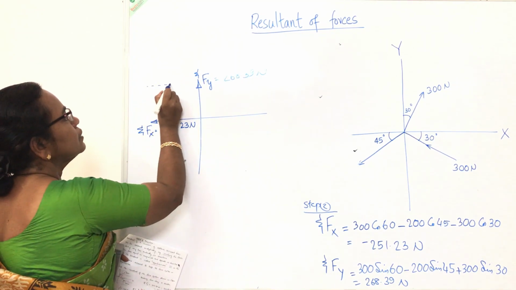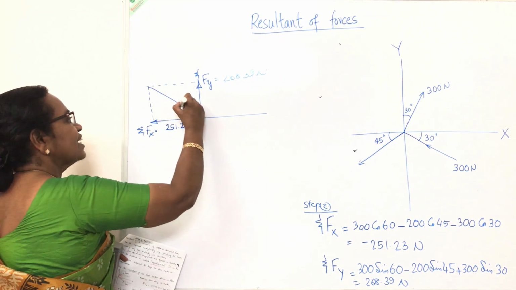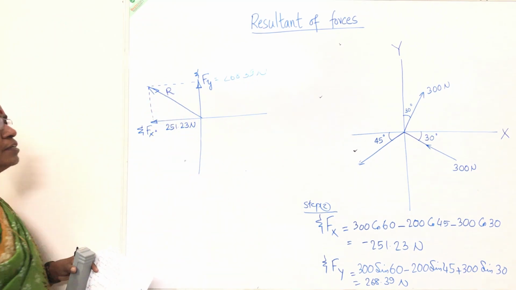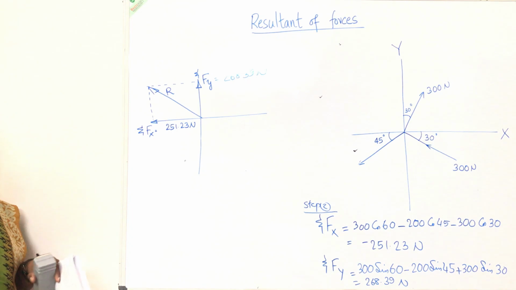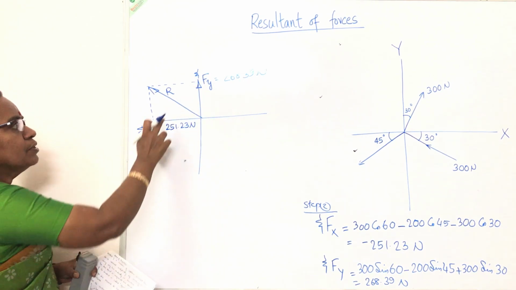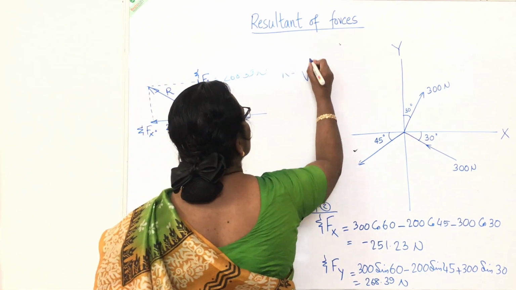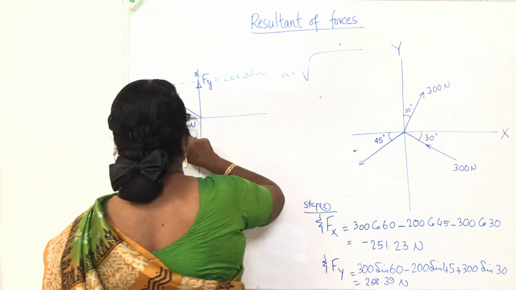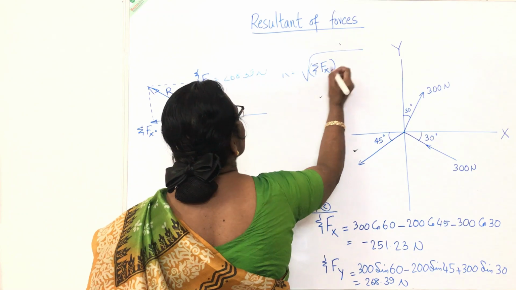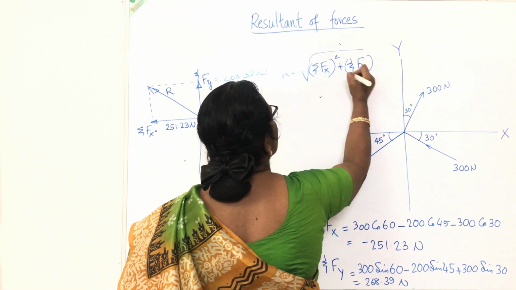So you complete this rectangle. So this diagonal will represent the resultant in magnitude and direction. Sigma Fx negative, sigma Fy positive. So R, the resultant R is equal to root of sigma Fx square plus sigma Fy square.